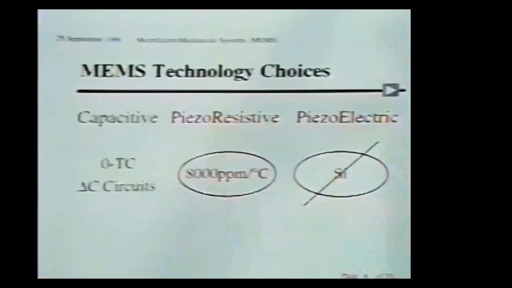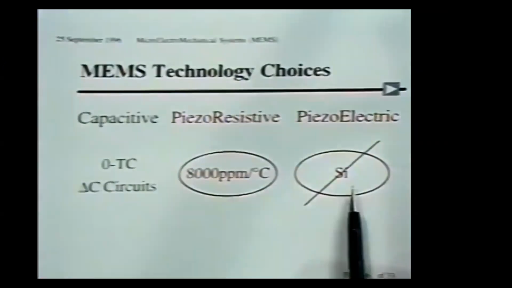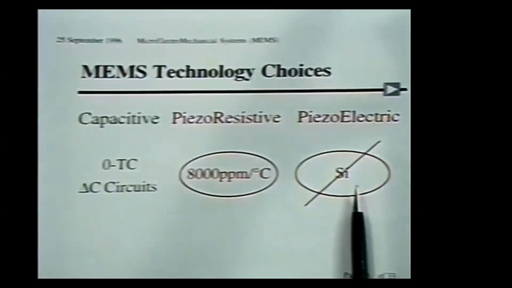Having decided to make a surface micromachined structure instead of a bulk structure, and having also decided to use a monolithic construction as opposed to a hybrid construction, the choice of the particular sensing modality was very simple to make. In the case of silicon, there's really no viable piezoelectric effect.